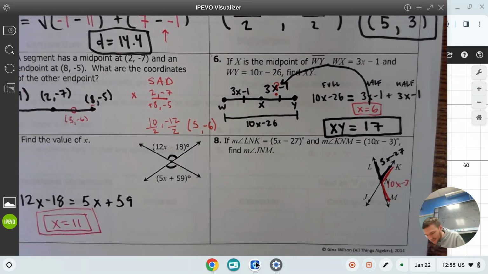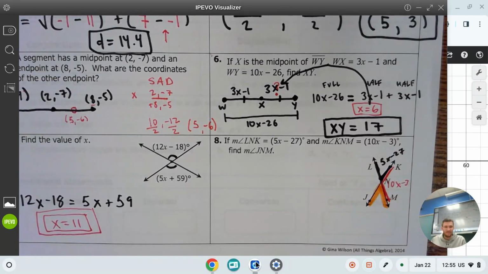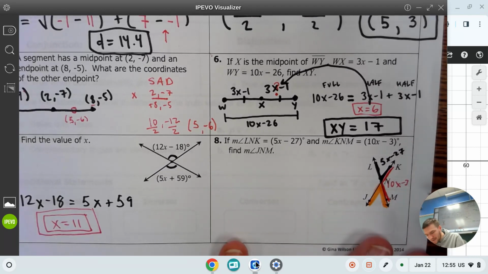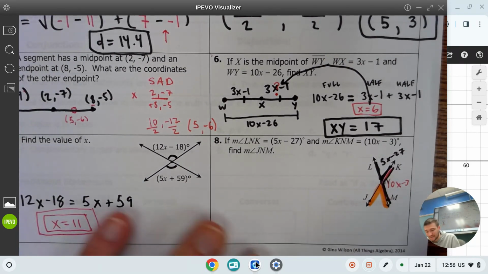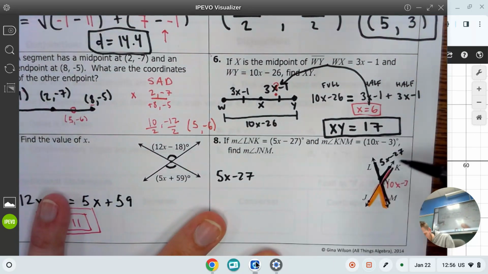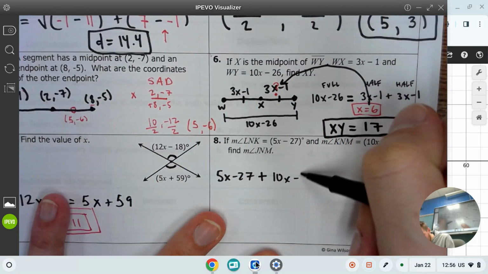And it says find J and M. Well, J and M is this piece. All right, so we've got three kind of different pieces here. We do know what the L and K is and what the K and M is. With these two pieces, they're going to add up together to make a very specific number. 5x minus 27 can add together with 10x minus 3.